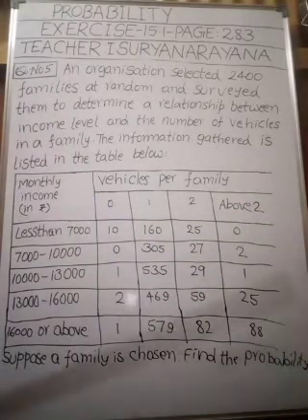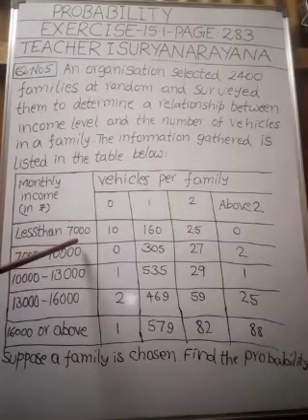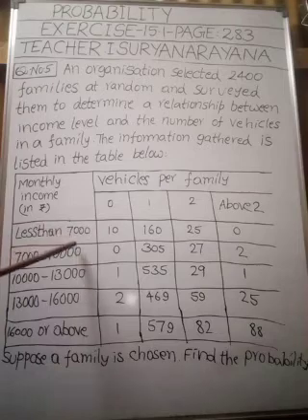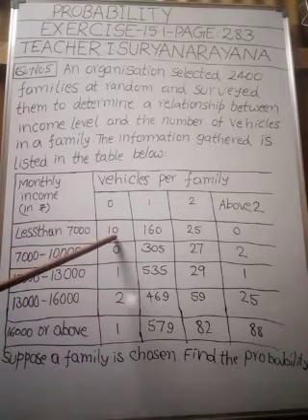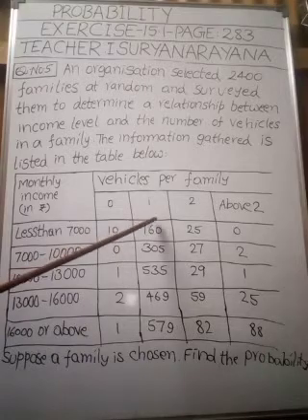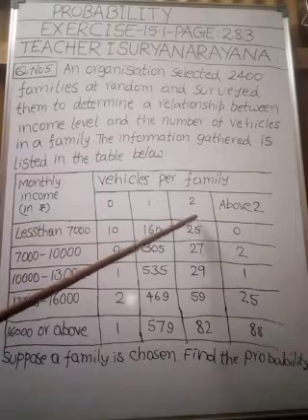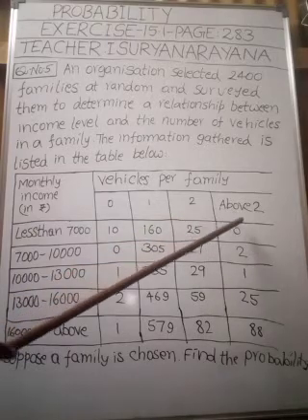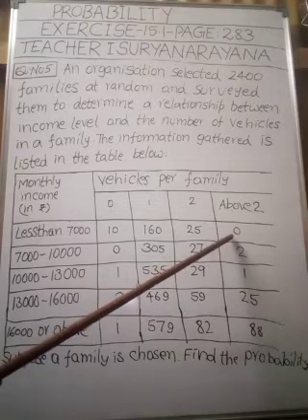Okay, my children, understood this point. Less than 7,000 rupees income: zero vehicles, 10 families; only one vehicle, 160 families; only two vehicles, 25 families; and above two vehicles, no families.